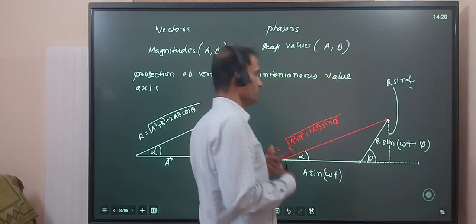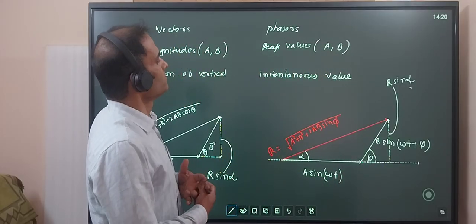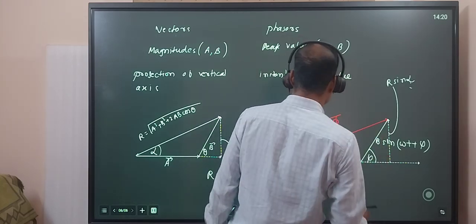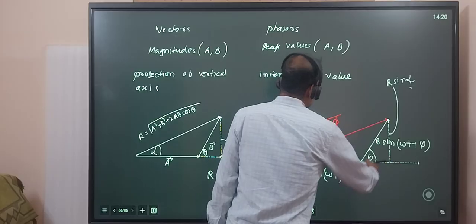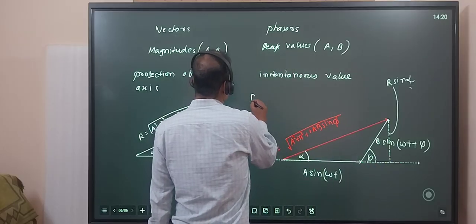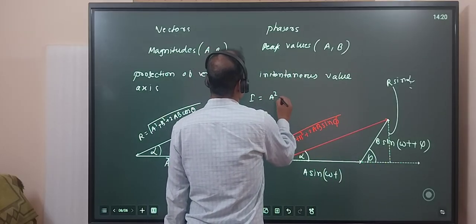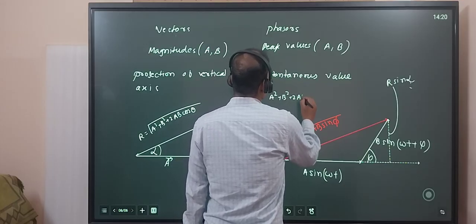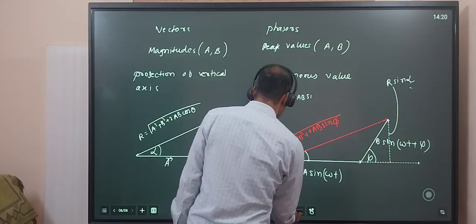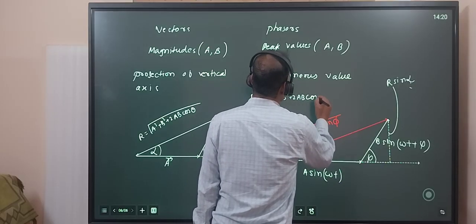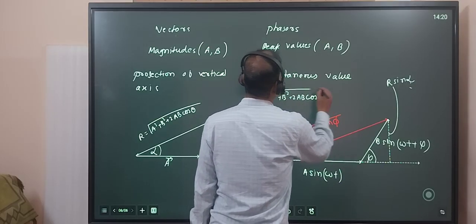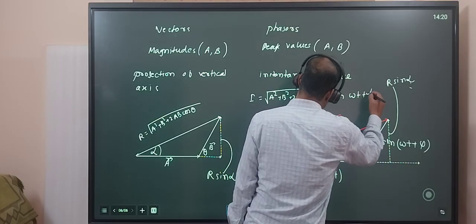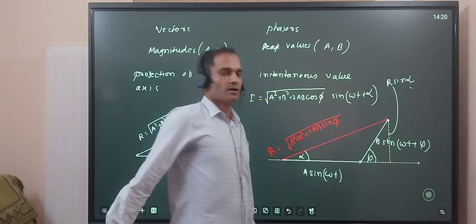So our current will be I is equal to the square root of a square plus b square plus 2ab cos phi, times sin(omega t plus alpha).